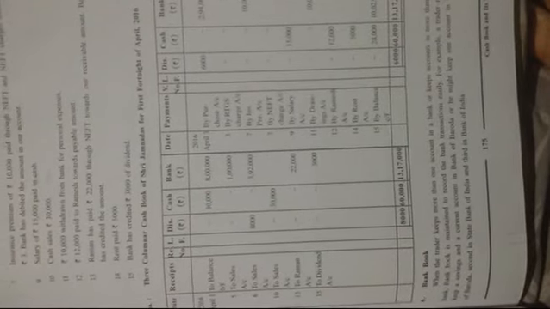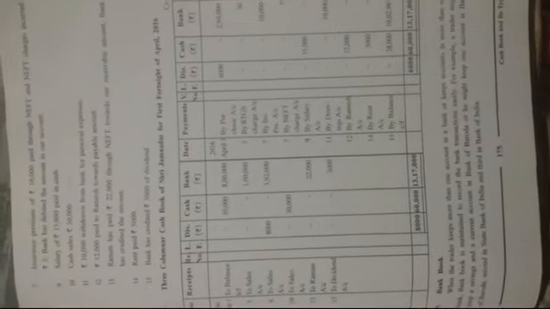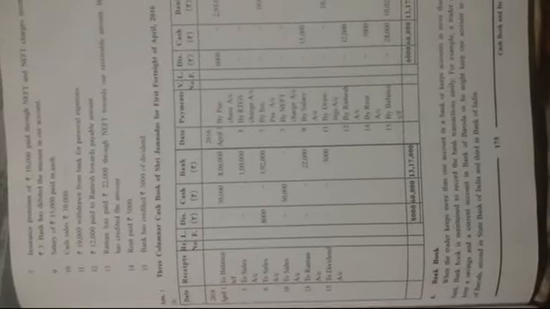So write the date, that is 13th April, to Raman's account 22,000. For this also, it is paid through NEFT, but nothing is mentioned about charges. Therefore, no entry will be passed for charges in the cash book. You have to show the charges only if it is given in the transaction.